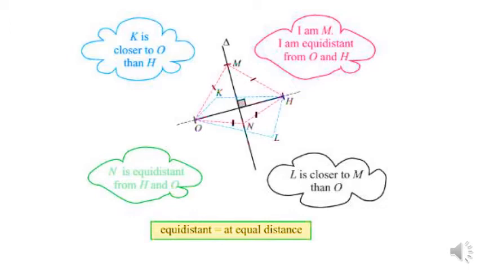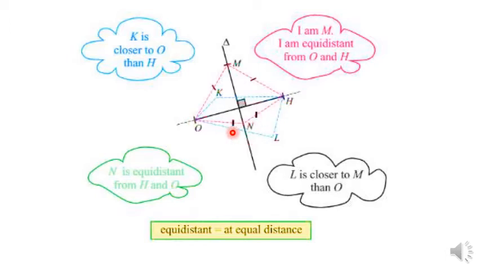So what did we say? We said that if I have here a segment OH, its extremities are O and H, and we have here the perpendicular bisector of the segment OH. Any point belonging to the perpendicular bisector is equidistant from the extremities of this segment. Example, M belongs to the perpendicular bisector of OH, then M is equidistant from O and H. Similarly, NO is equal to NH.